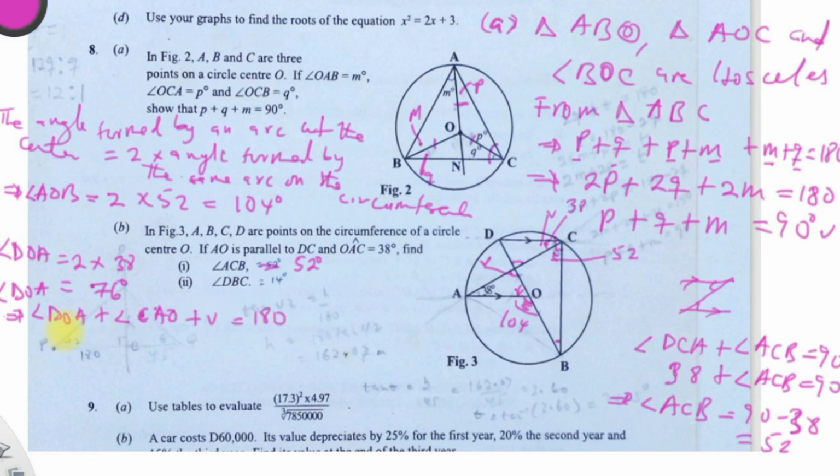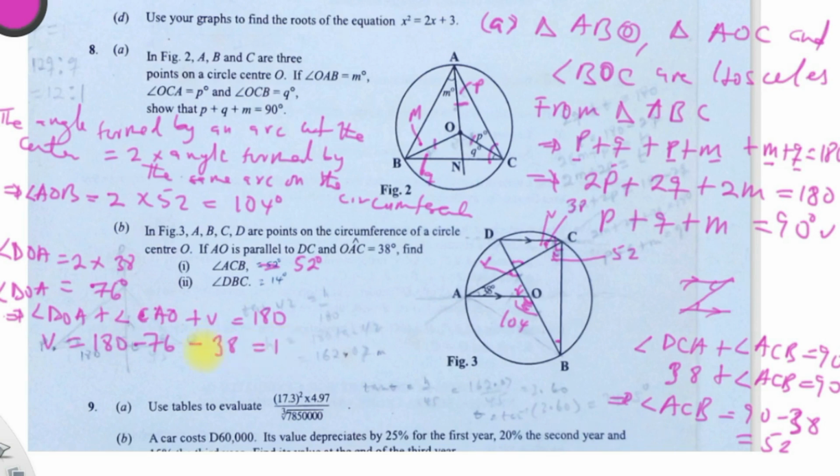We are making V the subject. So V will be equal to 180, and then these become negative: minus 76 and minus 38.